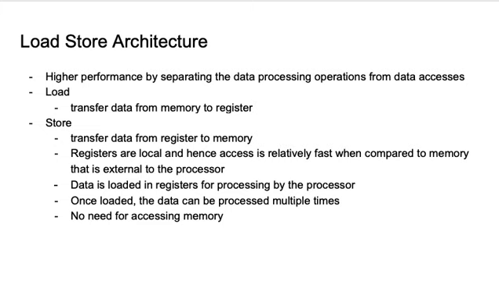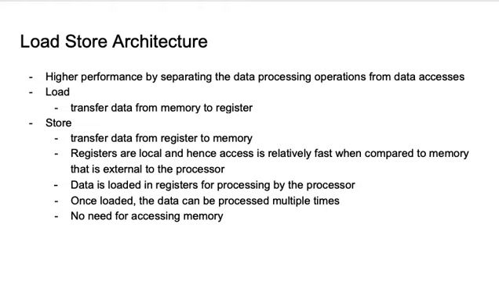A load operation is a transfer from memory to register, whereas store is a transfer from register to memory. The registers being local to the processor are relatively fast, whereas the operations with memory are costly.